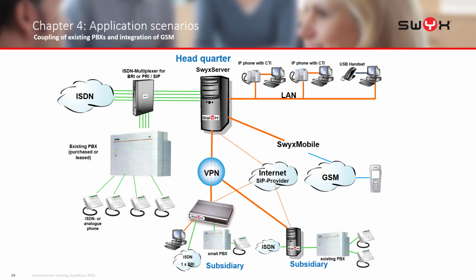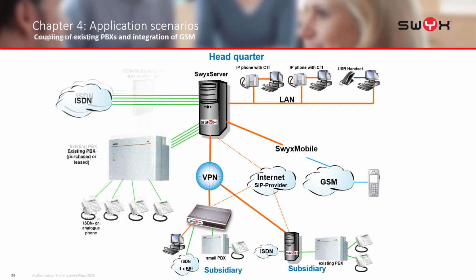This is a scenario that is quite popular where they have a legacy PABX with a heavy investment in it or still under lease or something, and they want to attach Swyx as well. There is an option to use a third-party product like an ISDN multiplexer. My preference in this scenario, though, would be to actually use our ISDN cards to do the same job.